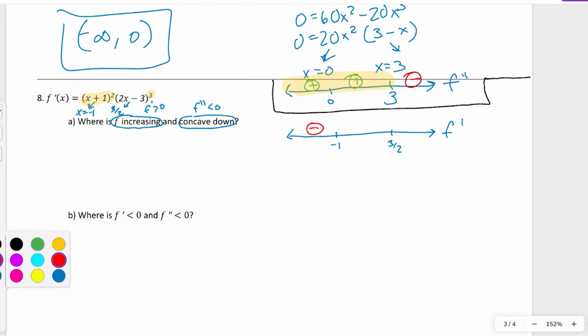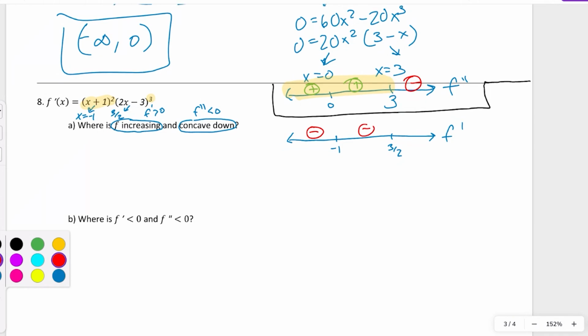If I plug in a number like 0, 2 times 0 minus 3 is also negative. And then finally, if I plug in a number like 10, I'm going to get a positive number. Okay, so it's going to be increasing when x is greater than 3/2. Now let's find the second derivative.